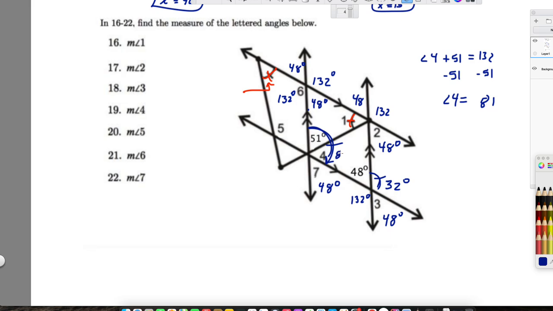Okay, so this is 81, which makes angle 1 81, which makes this angle 81. And 81 and 5 are same side interior, so that means 5 has to add up with 81 to get 180, and that would be 99. All right. So now we can fill out the left side.